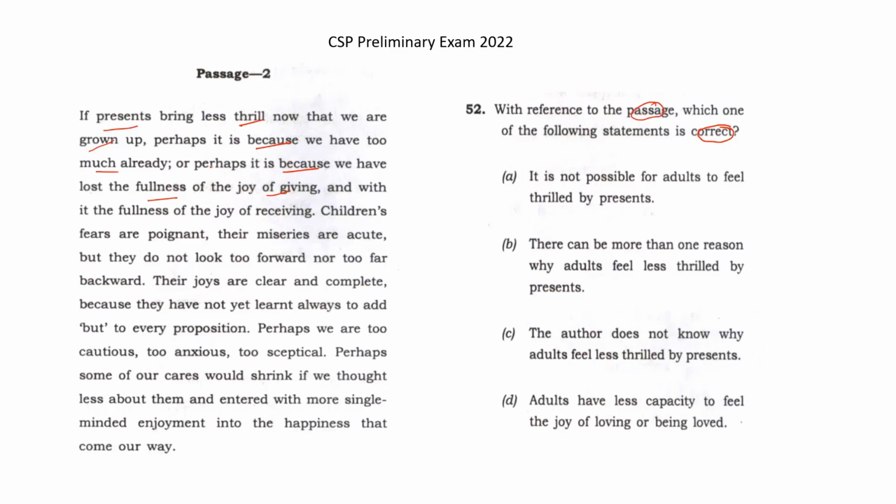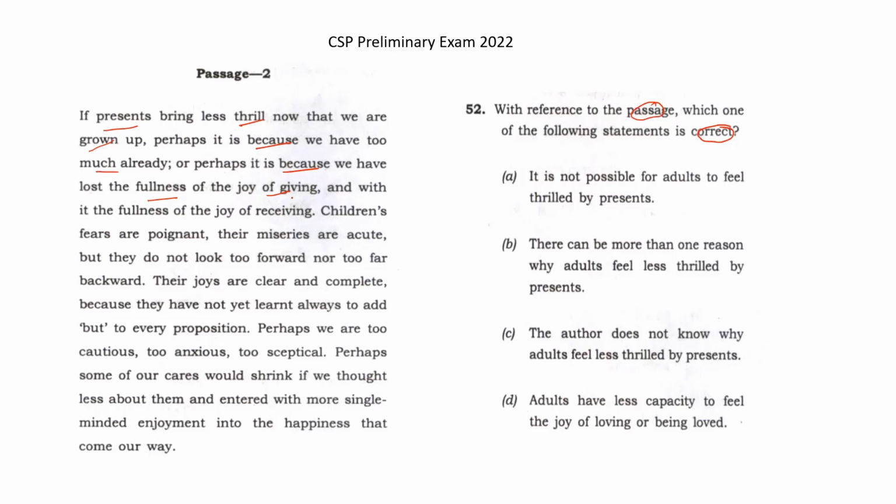So for grown-up people, presents bring less thrill, and he is giving two possible reasons. Maybe because we have too much already, we have already got too many presents, or an alternative reason is that we have lost the fullness of the joy of giving.